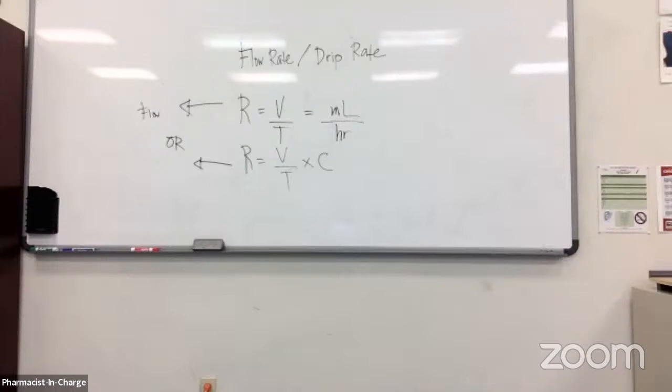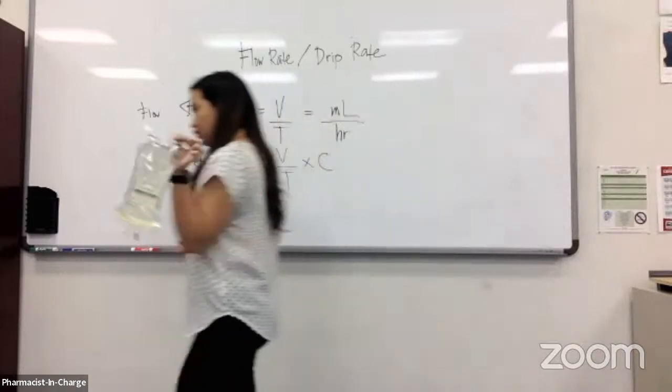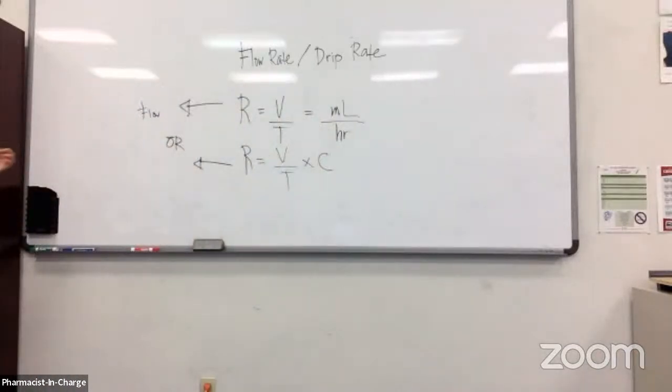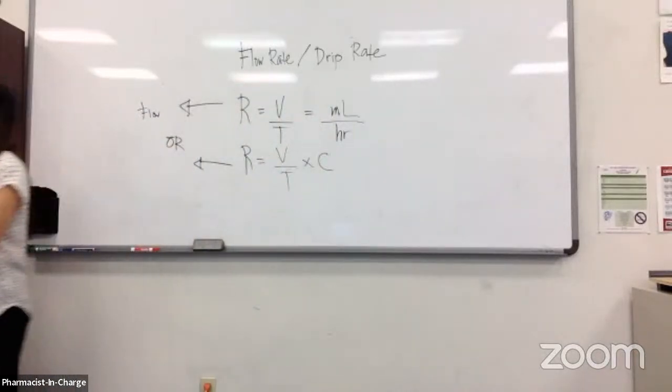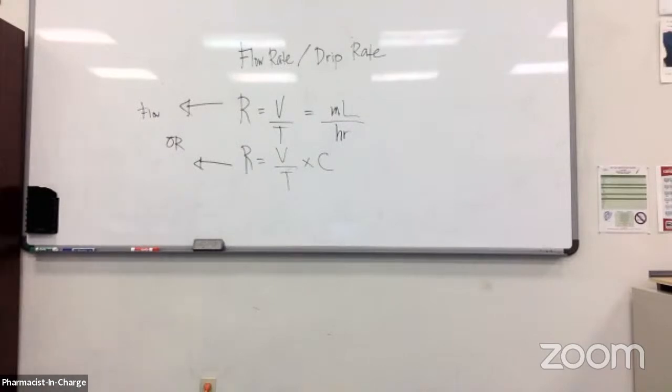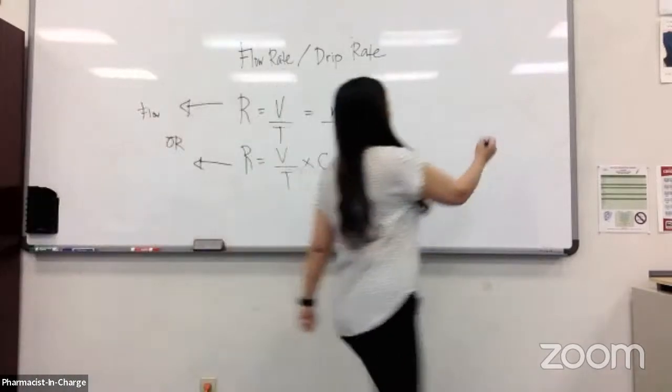We have what we call micro drip and macro drip. So if we're talking flow rate, the unit will always be ml per hour. What do you think will be the drip rate?